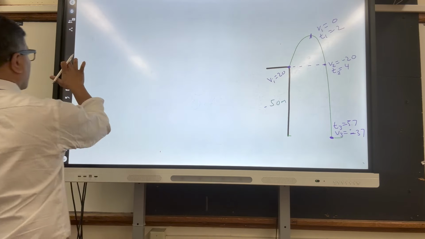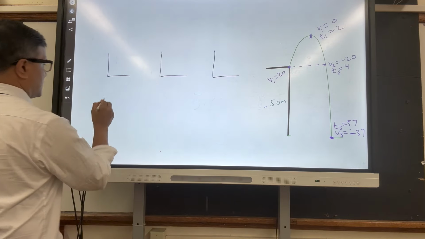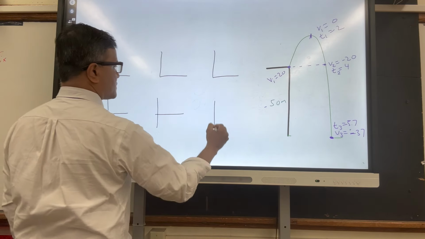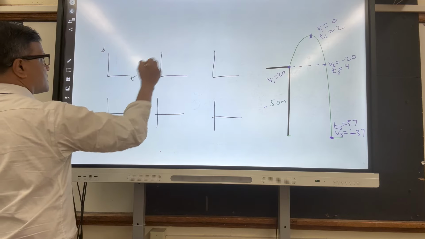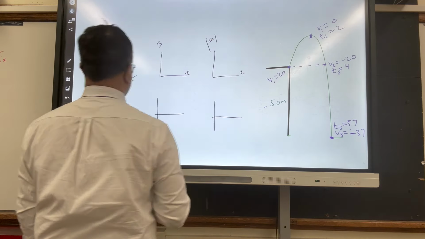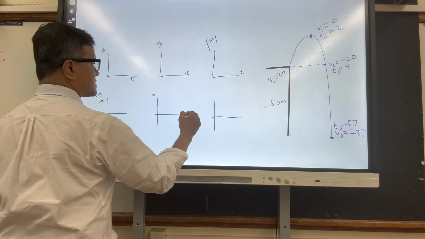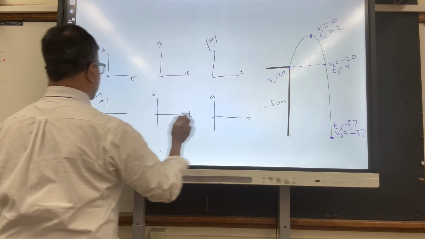Six graphs. 1, 2, 3, 4, 5, 6. dt, st, at. Displacement versus time. Velocity versus time. Acceleration versus time.